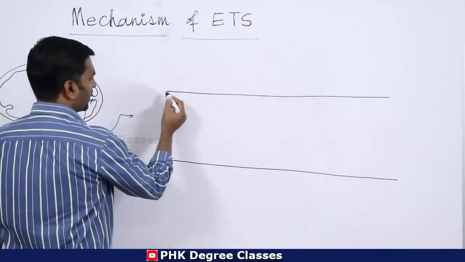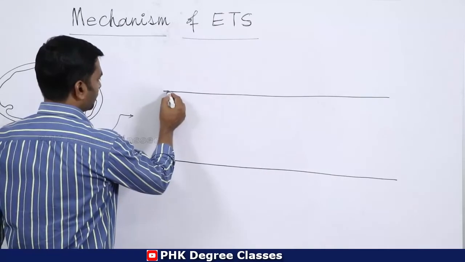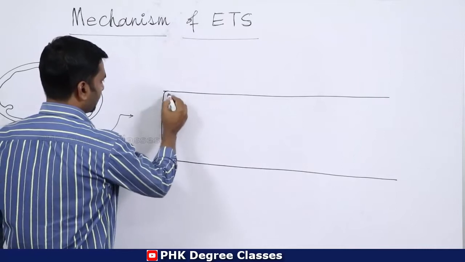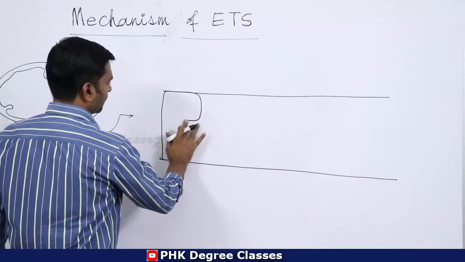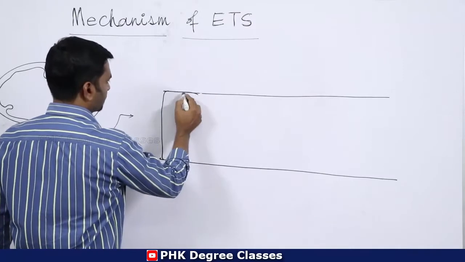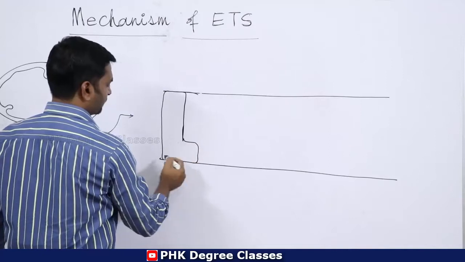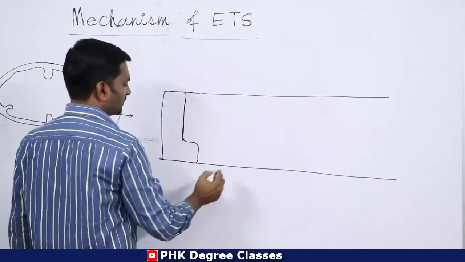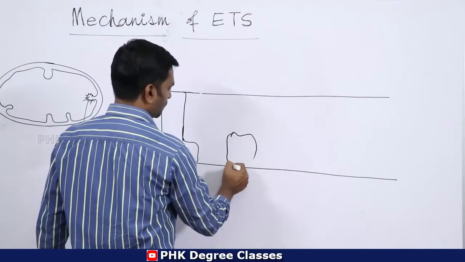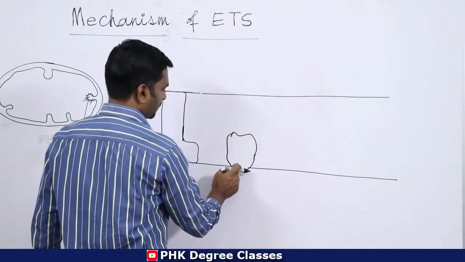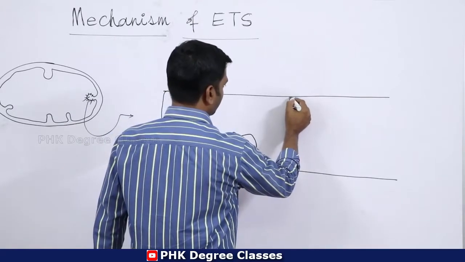Clear? So there are different complexes. Usually there are 5 complexes. This is complex 1, usually an L-shaped structure. This is complex 2. This is complex 3.